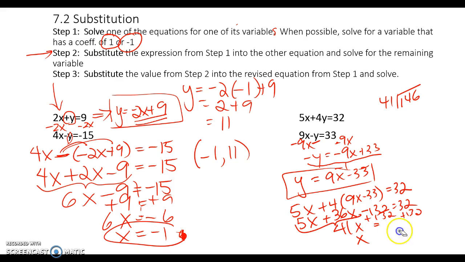I made a little mistake here: 132 plus 32 is 164. If I divide by 41, I end up with x equals 4.